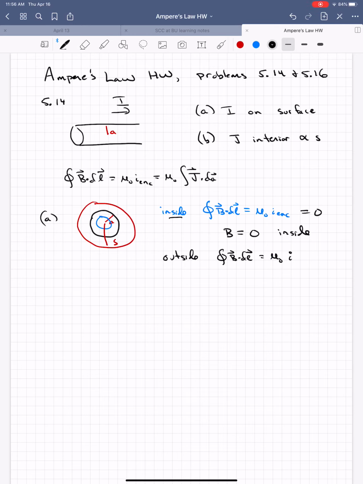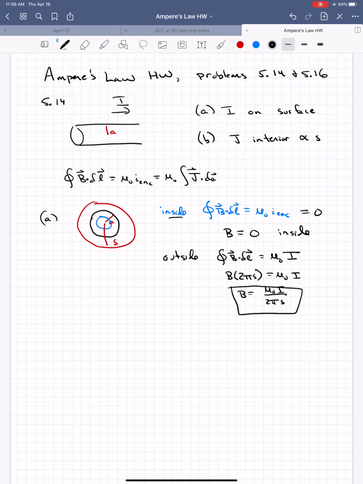The total amount of current enclosed would be this current I. Looks like we're using a capital I in this problem, so I'll switch to capital I. And since I have the Amperian loop as a circle, and the Amperian loop is centered on my wire, I can invoke symmetry and say that the integral of B dot dl is B times 2 pi r is mu naught I, and I see that I get just the formula for the magnetic field of the long straight wire. Oh, I'm using S, so I can make this an S. Okay, so that's my formula for the outside.